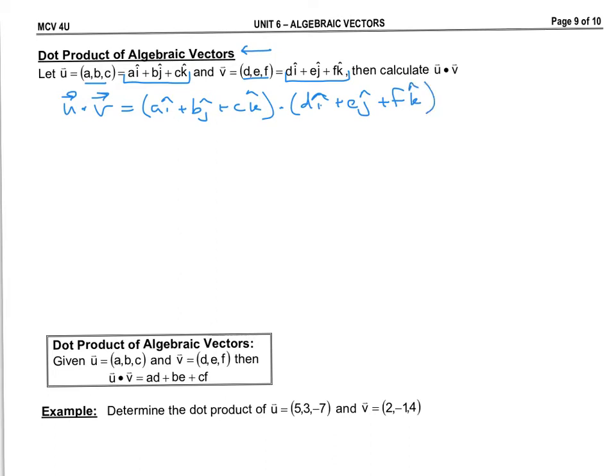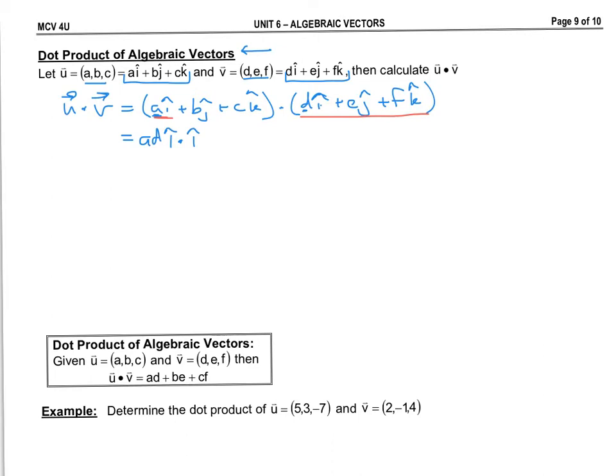Now we're going to use that property that we went over, the distributive property, to multiply our vectors. So I'm going to take A i hat and dot each one of those by the A i hat. When you're dotting these, the scalars, the A and the D, get multiplied together. So you'll have A times D, and then the vectors get dotted. i hat is going to dot i hat.